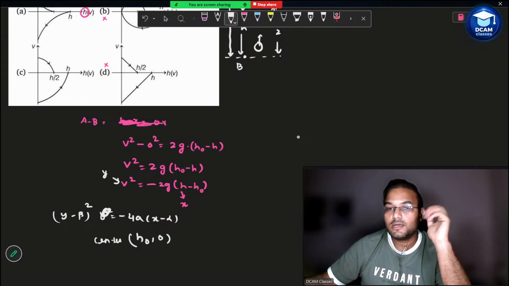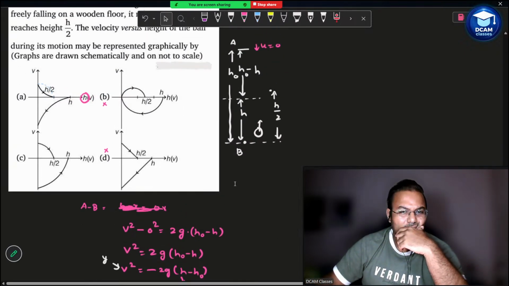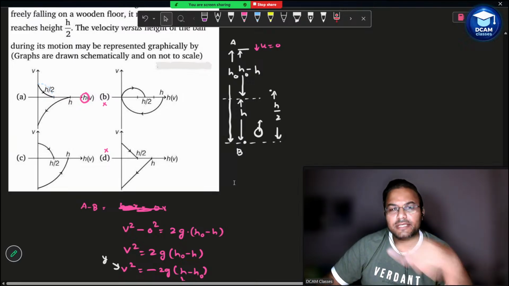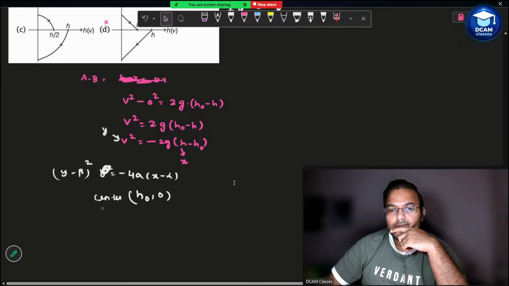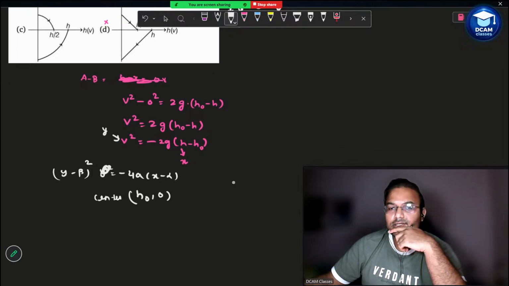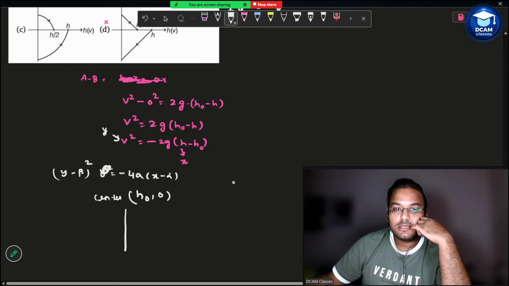It's this kind of parabola. But we are getting something wrong here. Why does it say it is striking at h by 2? y square is equal to minus 4 into h, the h naught should be there. The parabola y square is equal to minus 4x looks like this.